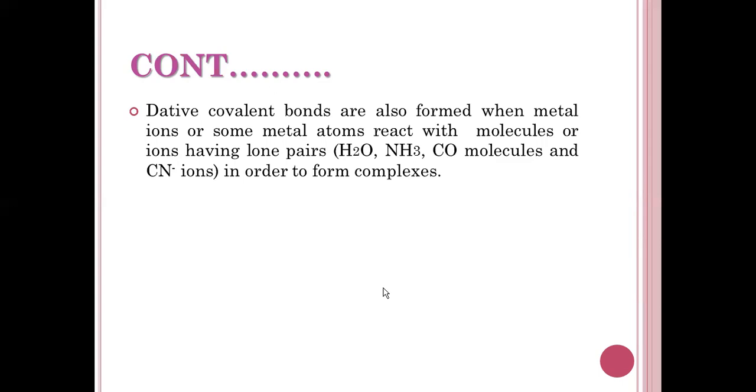This is what we call dative metal complexes. Be very careful about that. Here again, the metal ions are also able to form dative covalent bonds by reacting with such molecules: the water molecule H2O, ammonia NH3, carbon monoxide CO, and the cyanide CN minus ions.